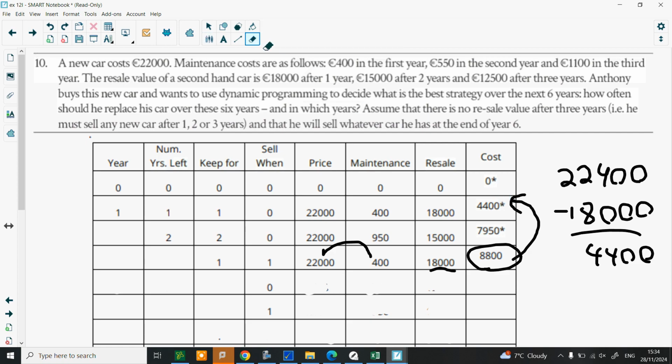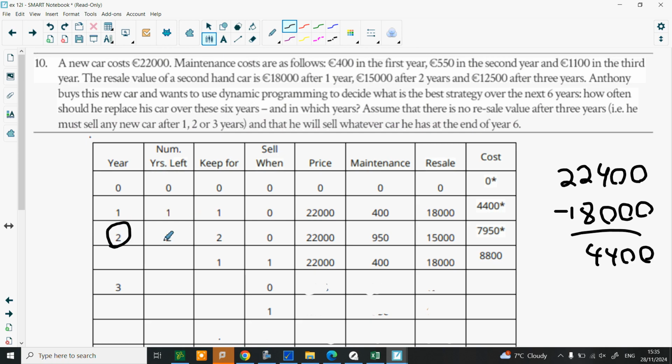Grant. Now, because you're working backwards. All right. Next one. Year 3. Oh, that would have made sense. Sorry, guys. Sorry, last line again. Year 2, which is 2 years away from selling, right? You have 2 years left.